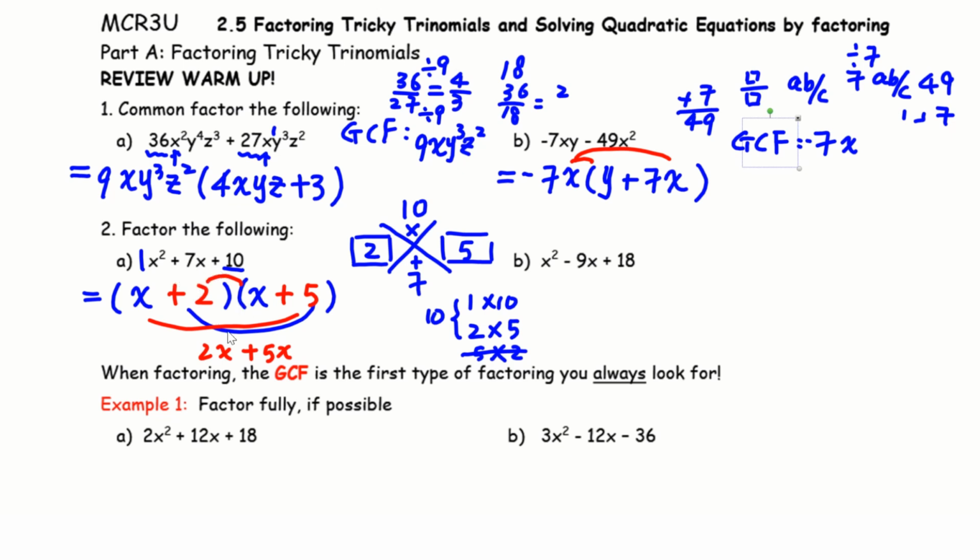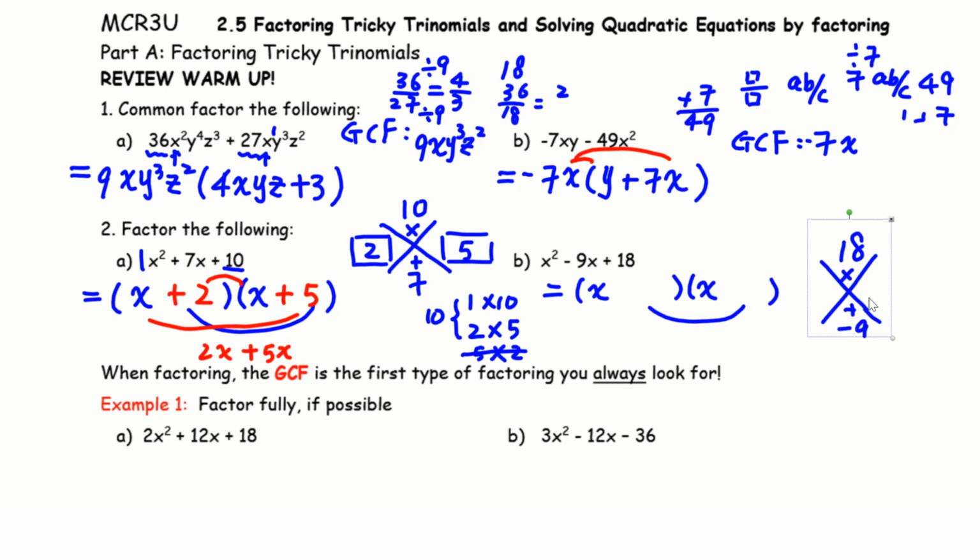So it works. Then another one, do the same thing, x times x give you x squared. And these two numbers times together 18, add together negative 9.